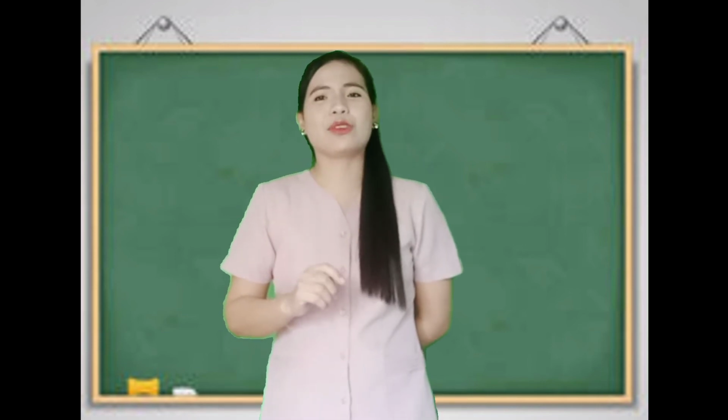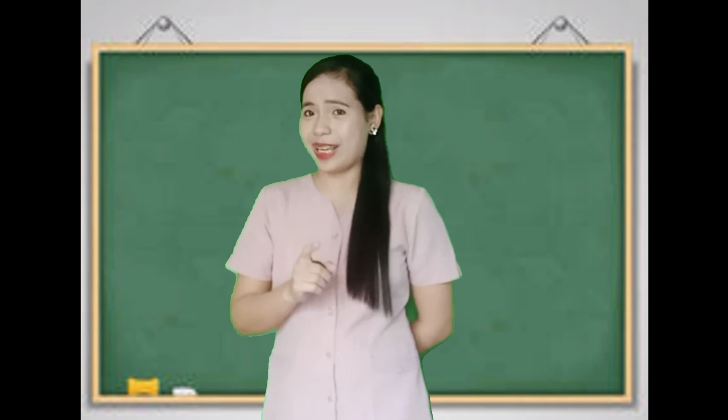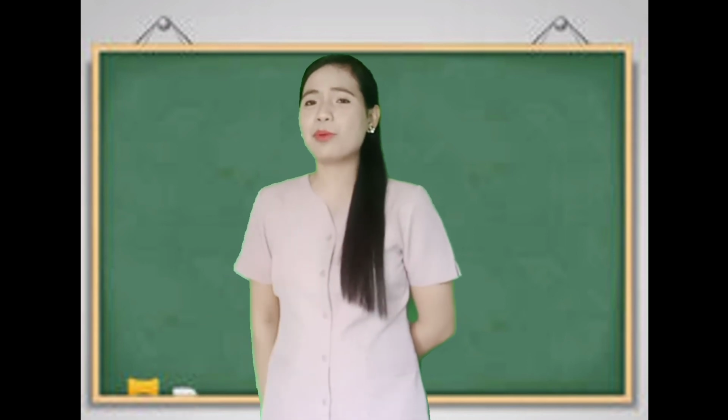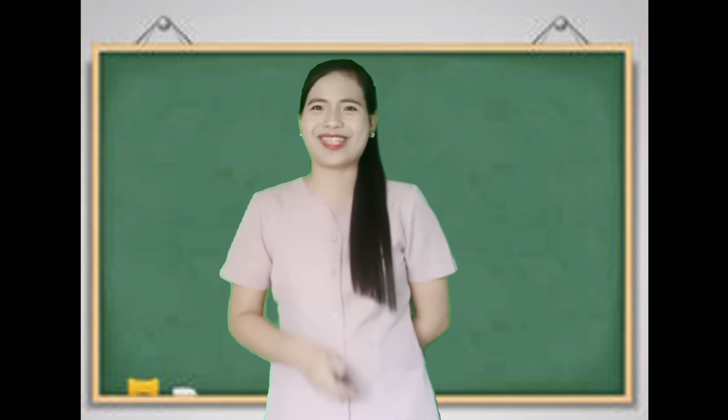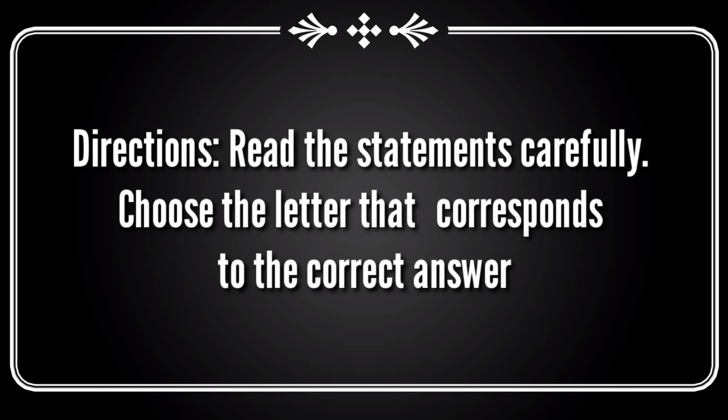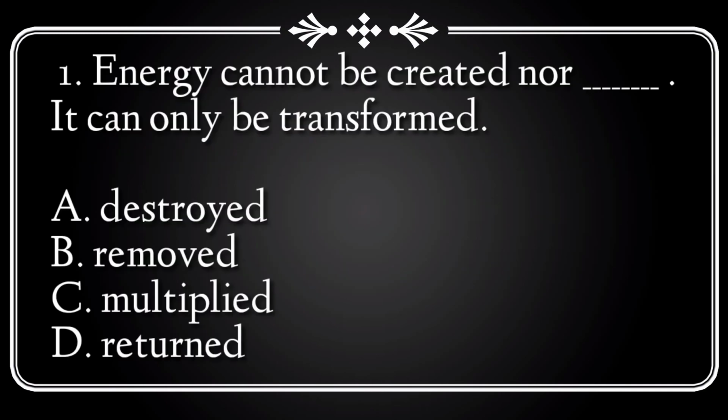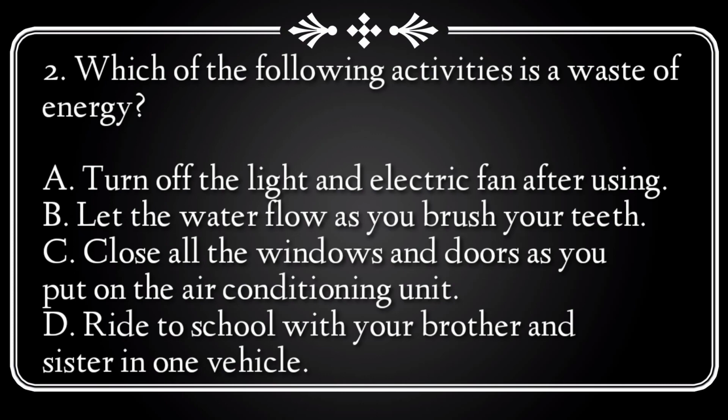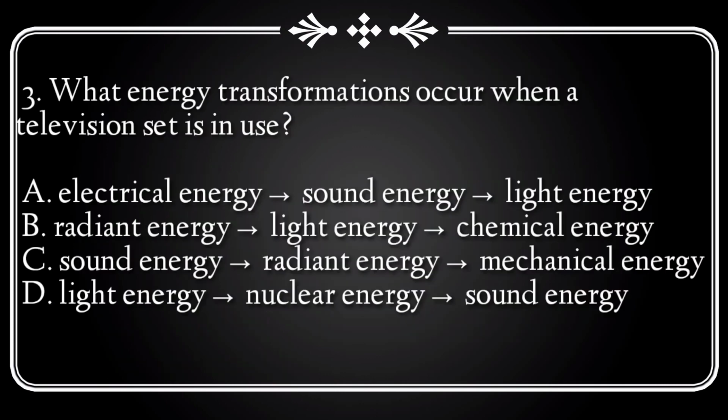Now, to find out if you understand the lesson well, please try to answer the post-test. Directions. Read the statements carefully. Choose the letter that corresponds to the correct answer. 1. Energy cannot be created nor blank. It can only be transformed. 2. Which of the following activities is a waste of energy? 3.